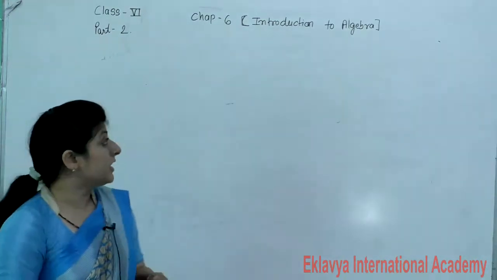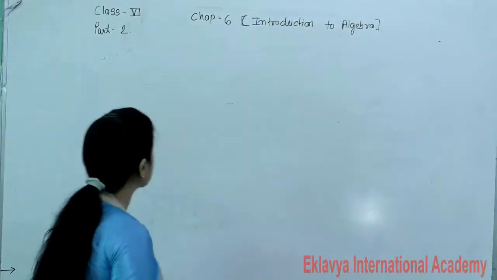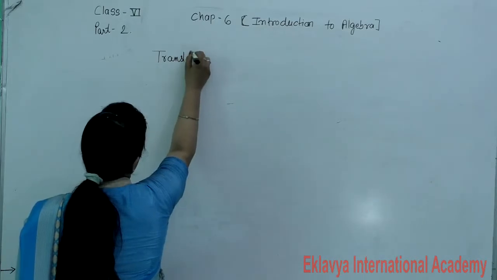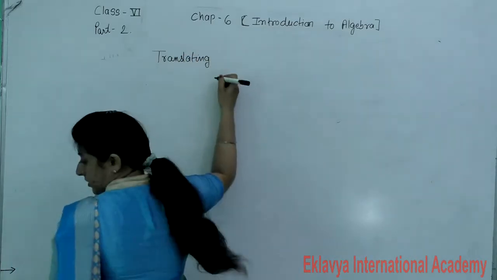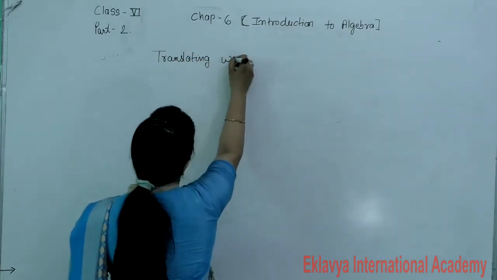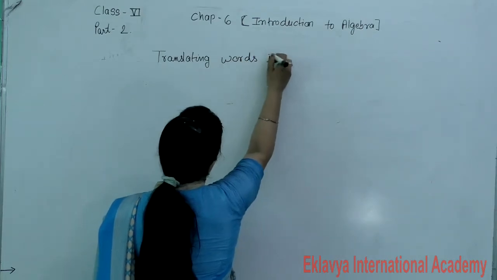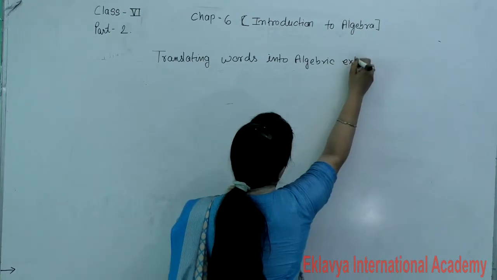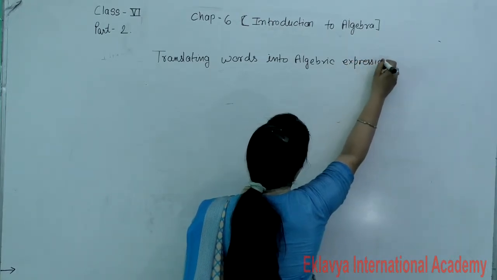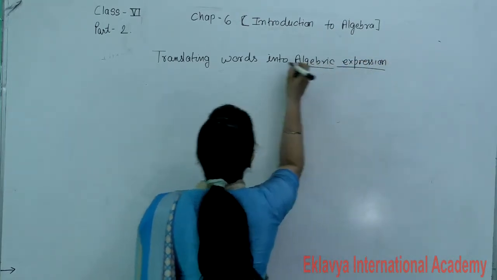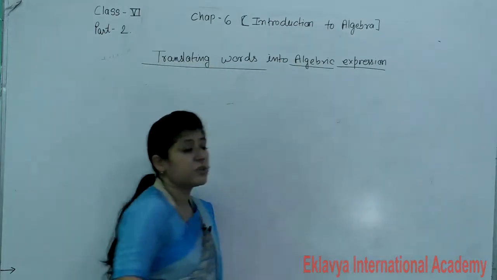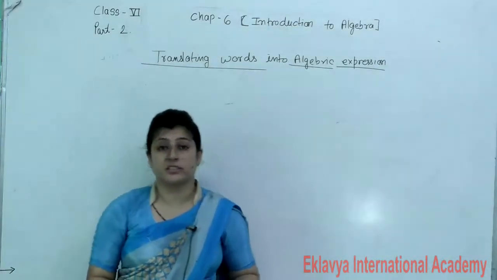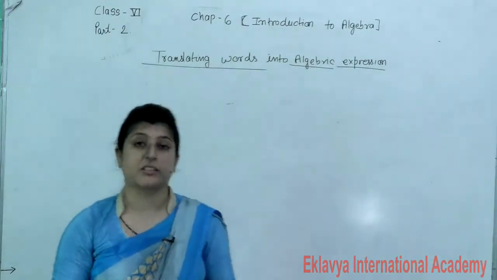Today we will discuss translating words into algebraic expressions. Whenever something is given in words and we want to represent it as an algebraic expression, this is called algebraic representation.